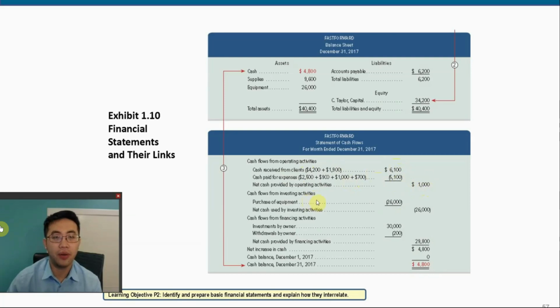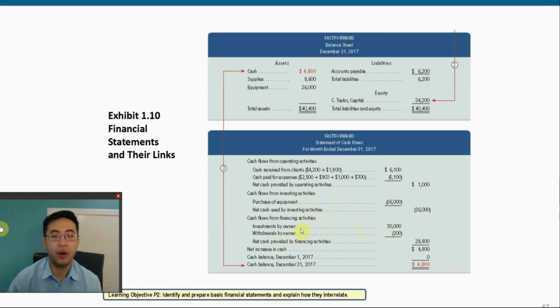Okay, and right here you have a purchase of equipment, and equipment is long term and a fixed asset, so that's for investing activities. And also you have financing activities.